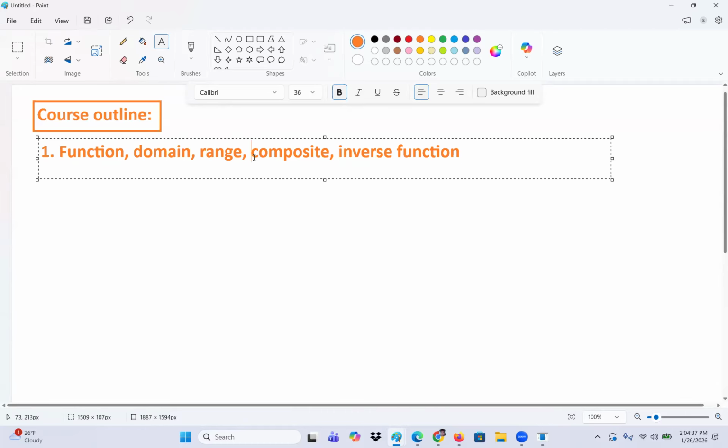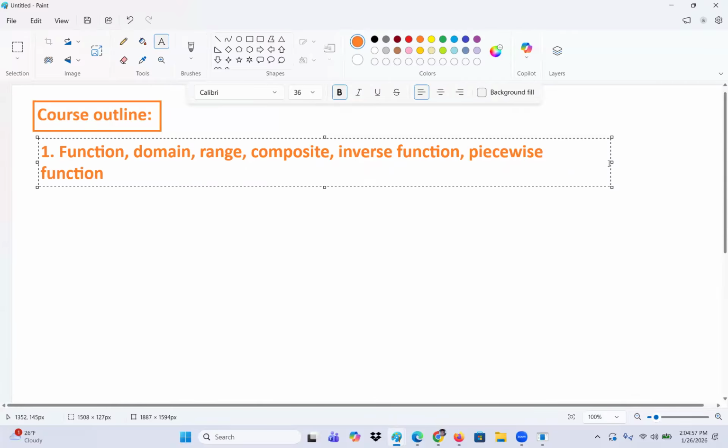This one is specifically important if you go to take Calculus 1, about the chain rule and the inverse function as well. And after that, we're going to deal with the piecewise function, which is one of the very important things that we're going to do.